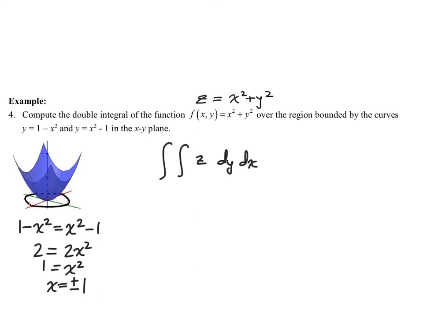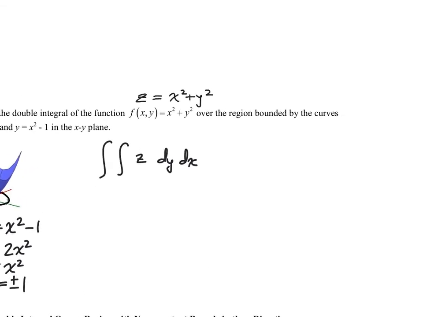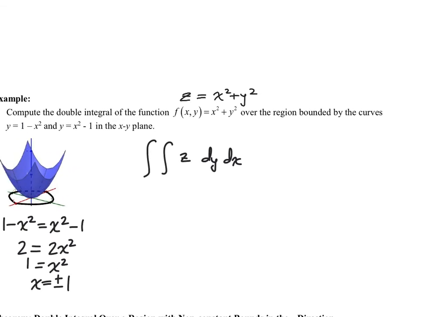So then I'd ask myself, well, what are my boundaries for y? What I'd want to do is take a look at my base region, but only in the xy plane. So I'm going to draw a quick sketch. Drawing quick sketches is not always what people have in mind. You just want to be able to jump right into a problem and start solving it, but a good sketch goes a long way.